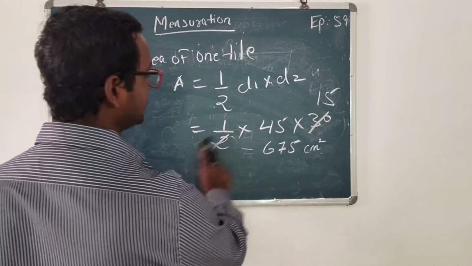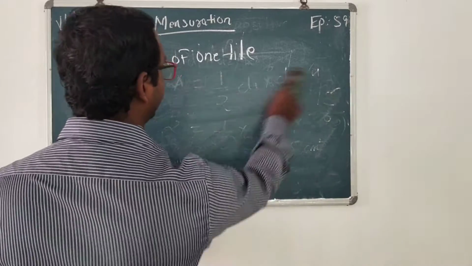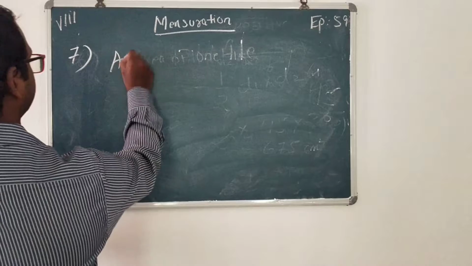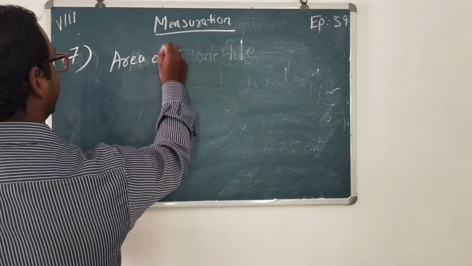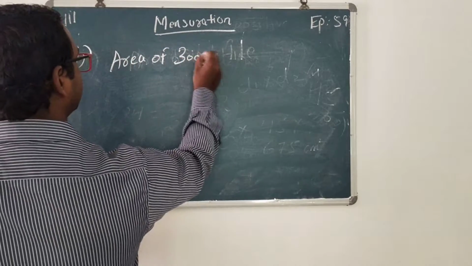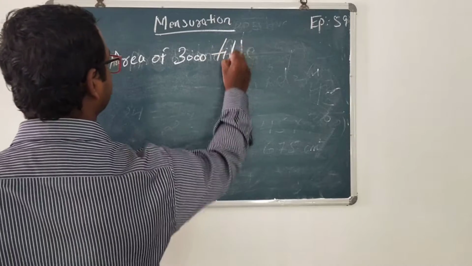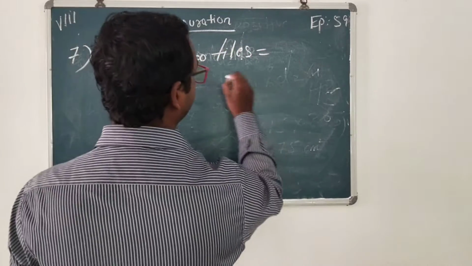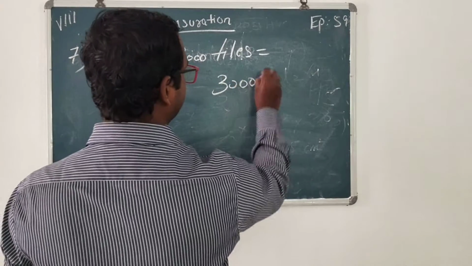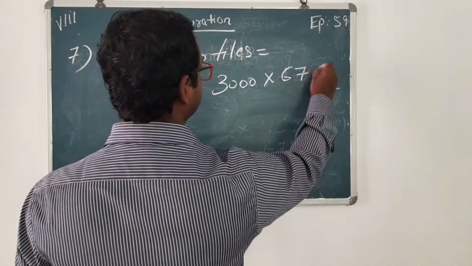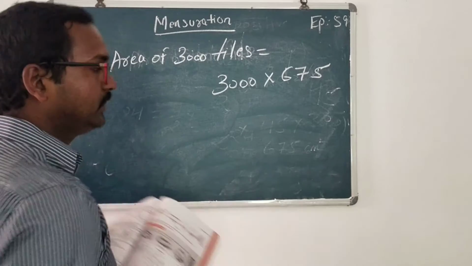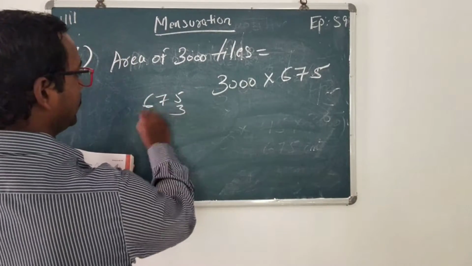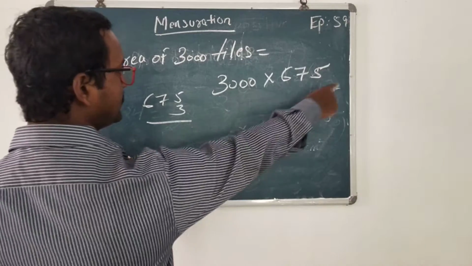So area of one tile is 675. Area of 3000 tiles is equal to 3000 into 675. So 3000 into 675 is 675 into 3. No need to multiply the entire number with 675.